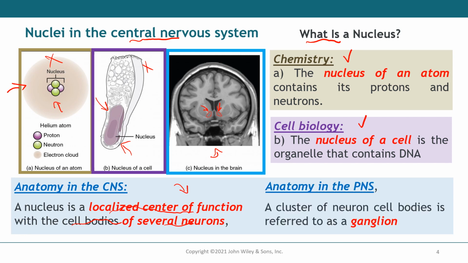In the peripheral nervous system, when we talk about a cluster of neurons, a similar terminology is referred to as ganglion. So remember, central nervous system, nucleus; peripheral nervous system, ganglion.